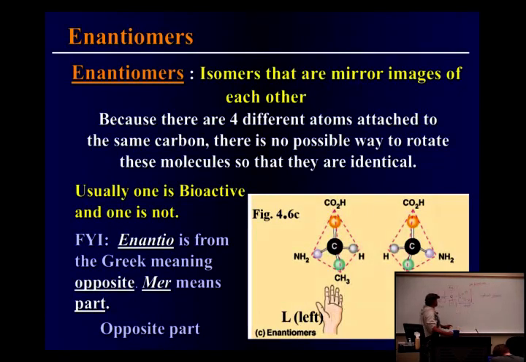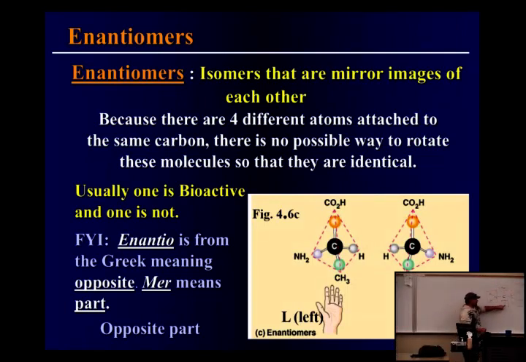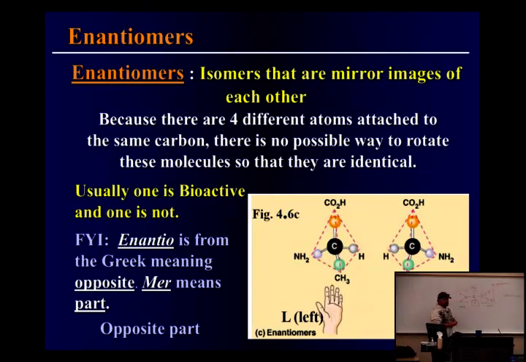Which one? This one? Because we have hydrogen, hydroxyl, carboxyl, and amino. If that was a hydrogen, then I would have amino, hydrogen, hydrogen, carboxyl. So that's 1, 2, 3 groups. Does that make sense?